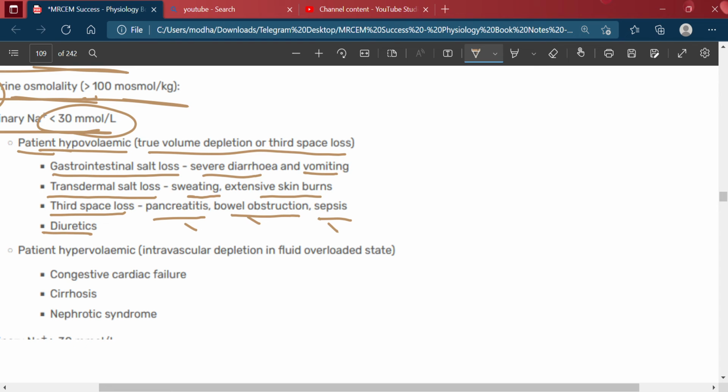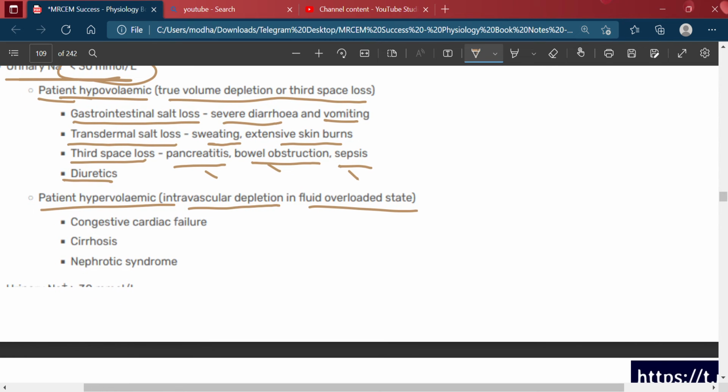If the patient is hypervolemic, there is intravascular depletion in a fluid overloaded state, as in congestive cardiac failure, cirrhosis, or nephrotic syndrome.